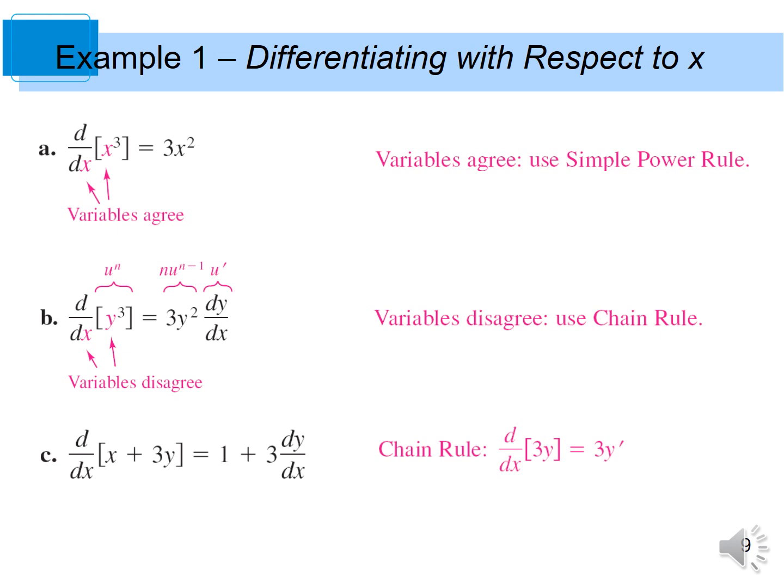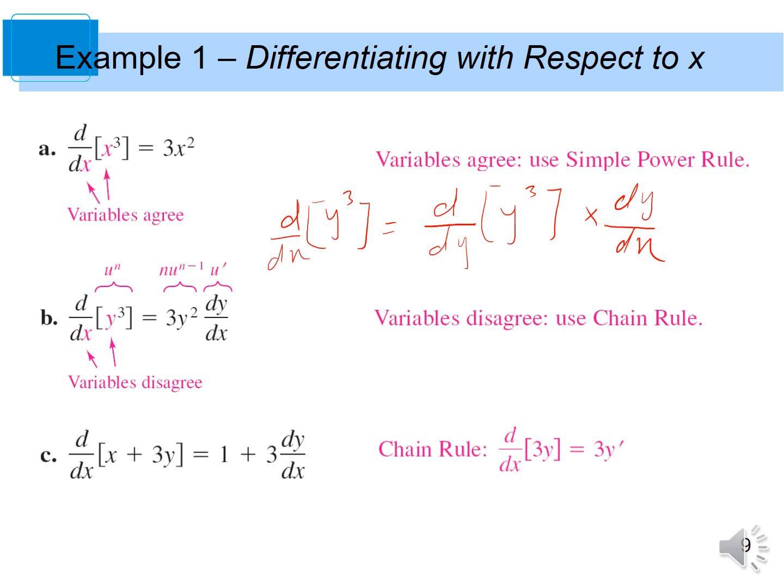Now I show you the process. For this case, differentiate y cubed with respect to x. Because of the variable disagree, it can be written as differentiate y cubed with respect to y times dy dx.